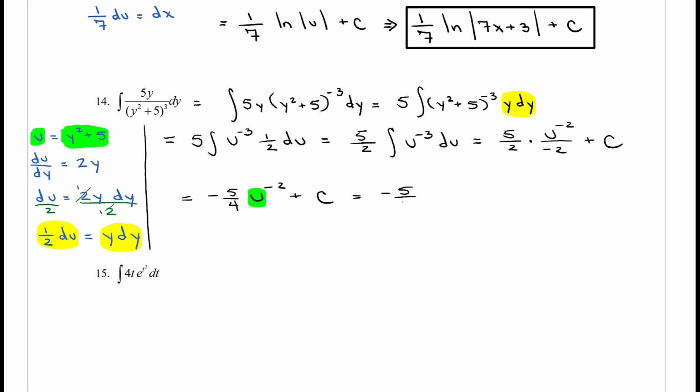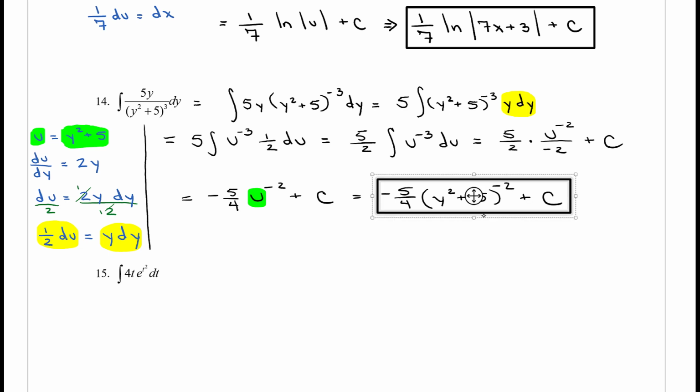So this is going to be equal to -5/4 times, open set of parentheses, y squared plus 5, close the parentheses, raised to the -2 power, then plus c out to the side. I'm going to box that in, and that's going to be our answer.